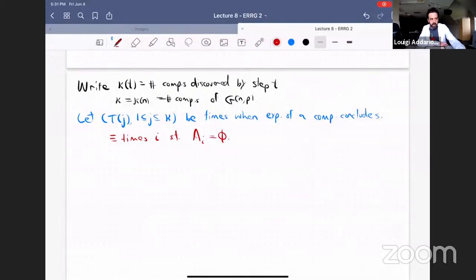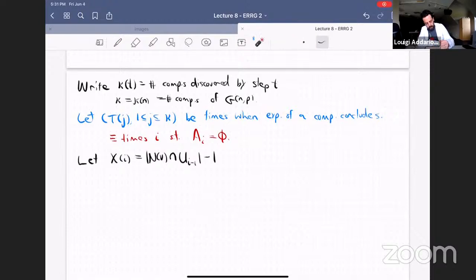Now, the function that will describe the exploration. So the variables will be the number of newly discovered vertices at each step.